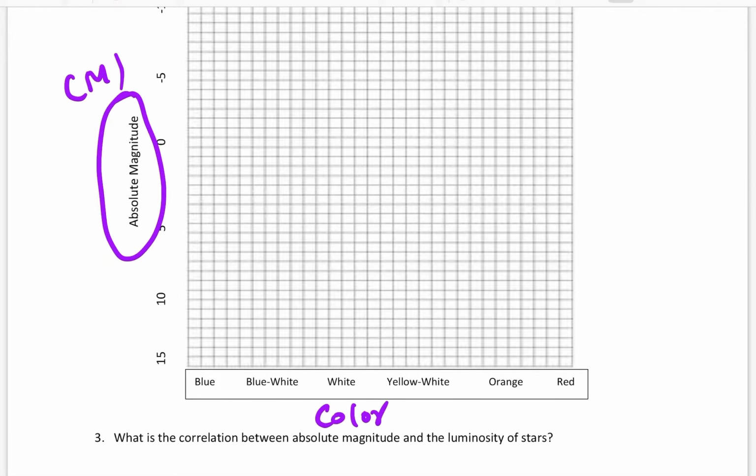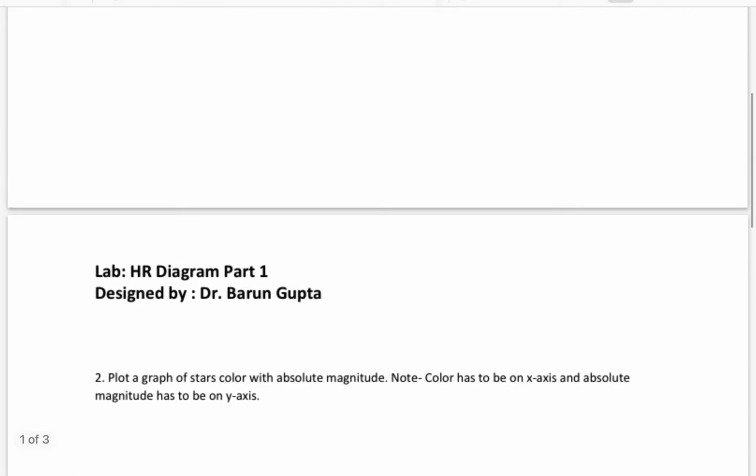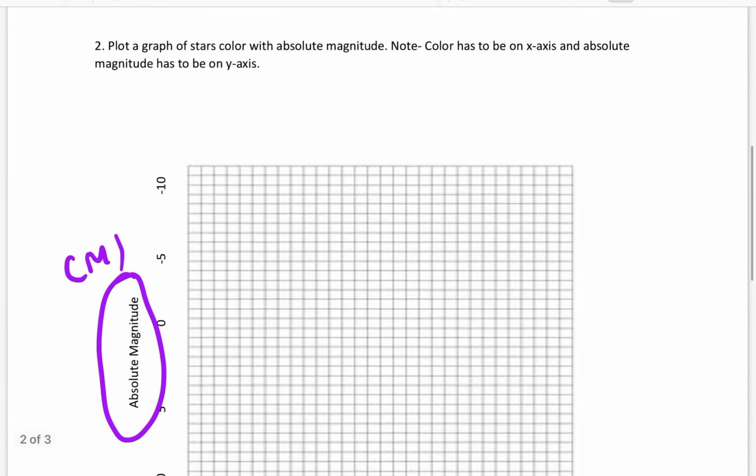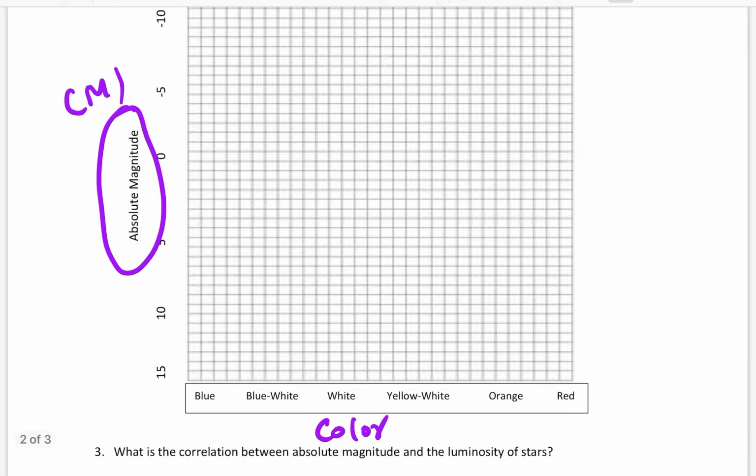So let's say, for example, the star Adhara. What is the color? The color is bluish white, and the absolute magnitude is 1.50. So how are we going to plot it? Let's look at bluish white here, and the absolute magnitude was 1.50. So this is 0.